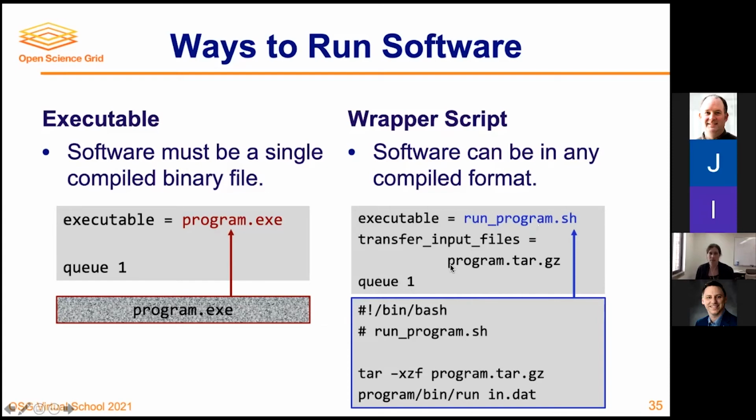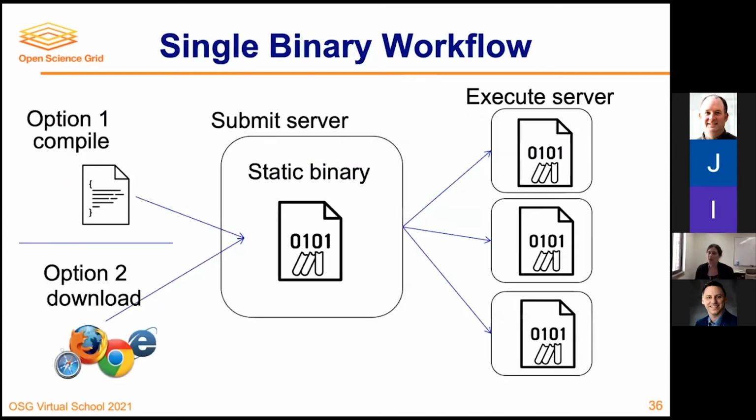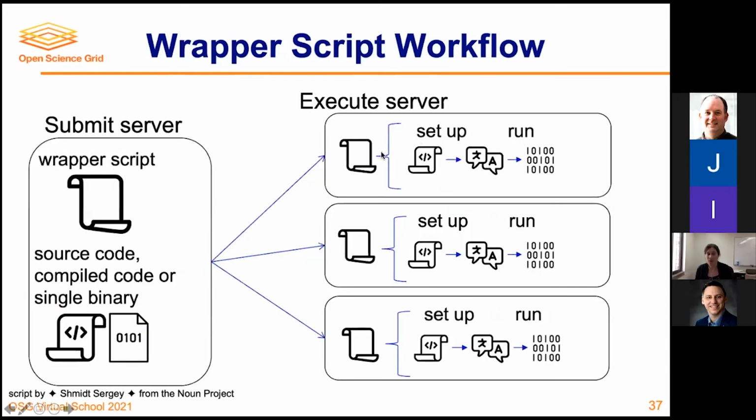So that's how you put these pieces together to run a job, in diagram form. If you have a single static binary that you either compiled or downloaded, that just gets shipped out to different execute nodes and run directly.